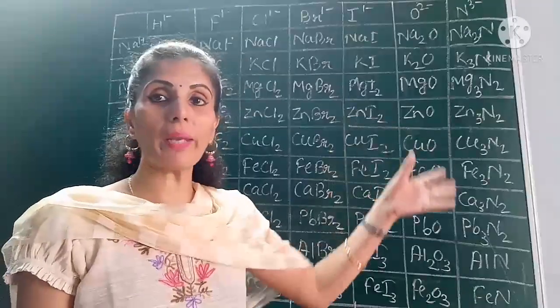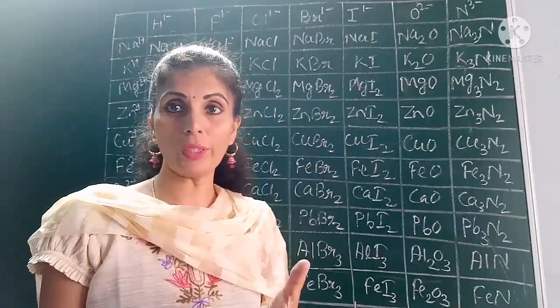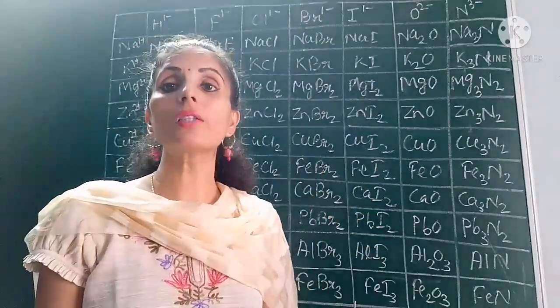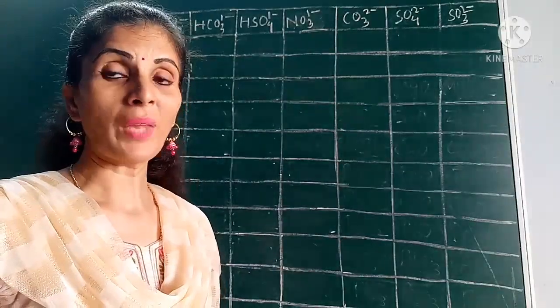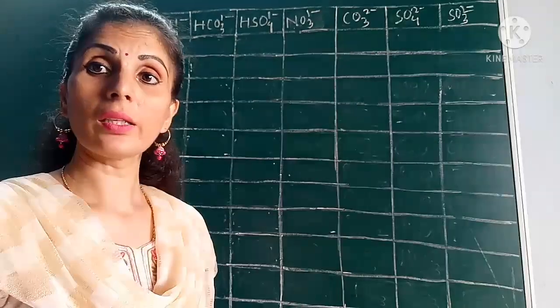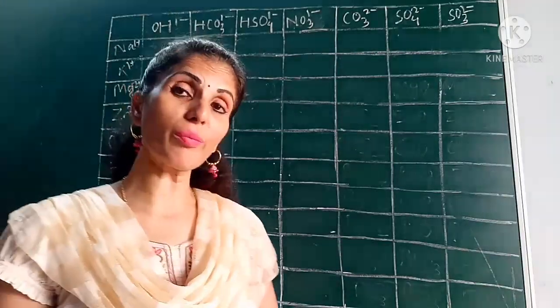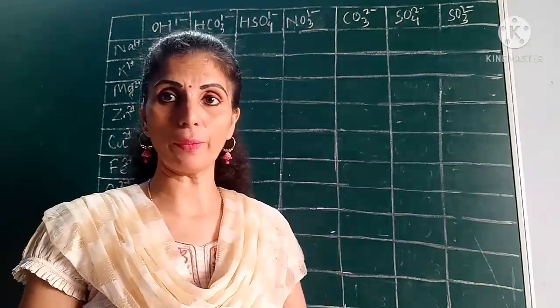Now, you also make this table, and the next table that I am going to teach you is your metal with your radical. Now children, let's see how to make the compounds with radicals. Whatever formula I have told, that same formula will be applicable here.